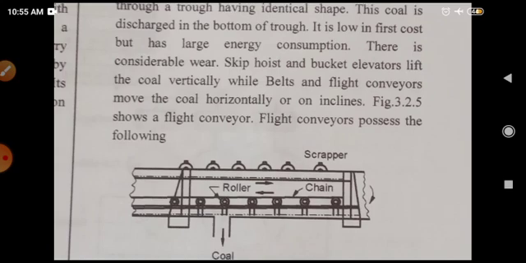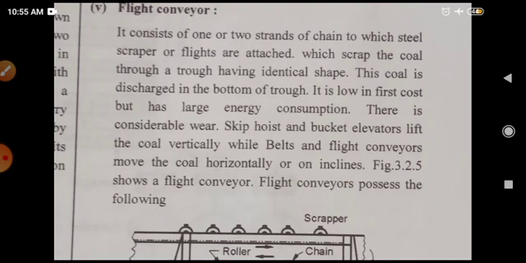Grabbers, you can see in cane handling. Sugar cane is handled by this flight conveyor, like a monorail, an inverted monorail. It consists of one or two strands of chain to which steel scrapers or flights are attached, which scrape the coal along a trough having identical shape.